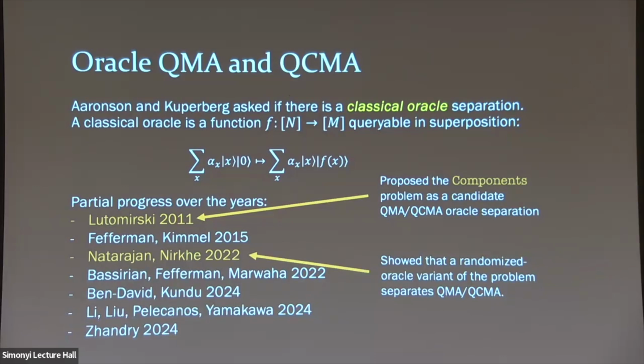Then Natarajan and Nirkhe showed that in a variant oracle model, the randomized oracle model, this components problem is actually a separation. And this is the problem that we stick with. We show that under the pseudorandomness conjecture that I'll get to in just a couple of minutes, there really is an oracle separation based on the components problem.